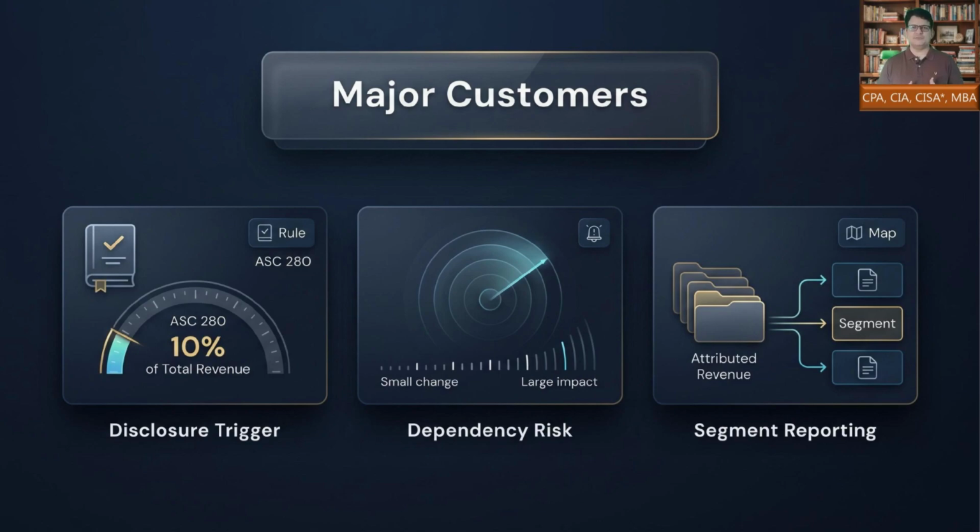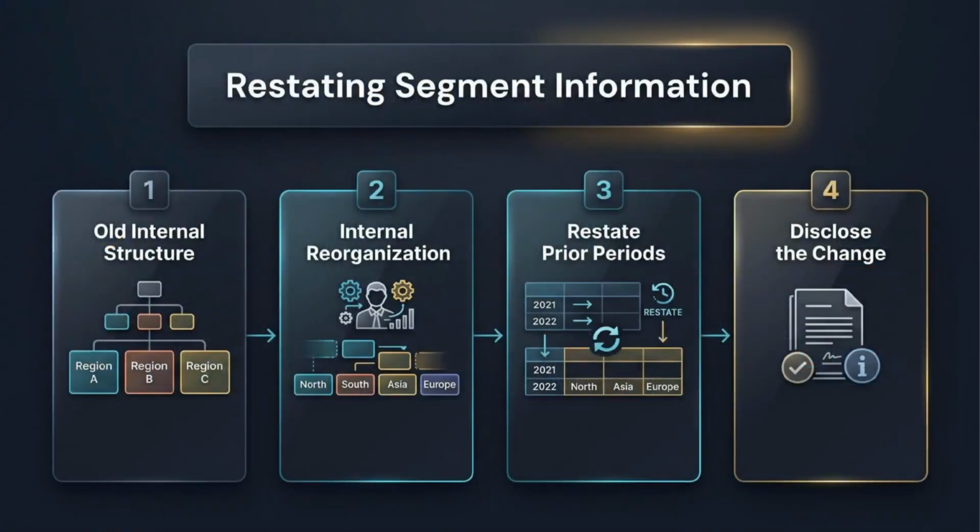When internal reporting changes, comparative segment information may need to change as well. If management reorganizes the business and the CODM begins reviewing operations differently, the segment structure may change. In that situation, prior period segment information presented for comparison is generally restated when practicable so users can compare performance on the same basis.